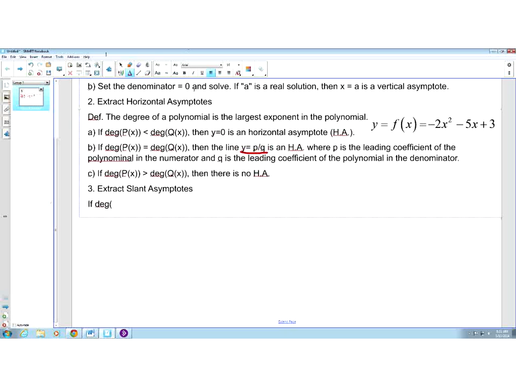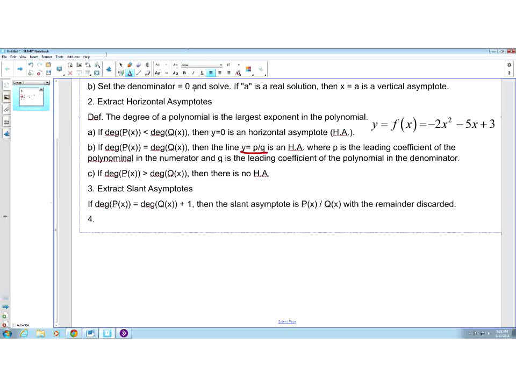If the degree of P of x is equal to the degree of Q of x plus 1, then the slant asymptote is P of x divided by Q of x, with the remainder discarded. Okay, and I'll give you an example of how to compute that in just a second.